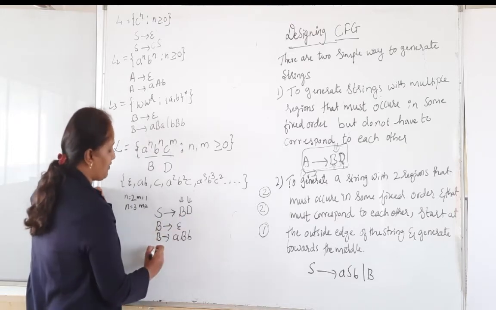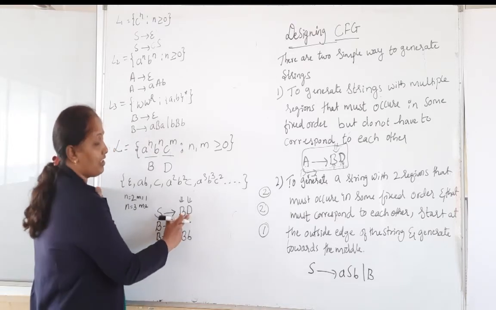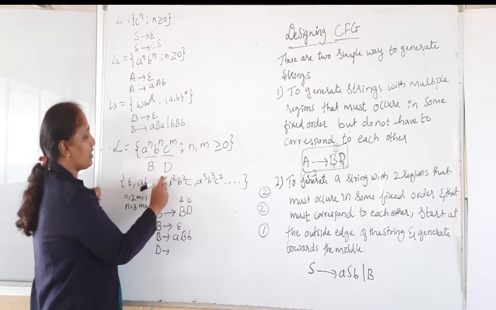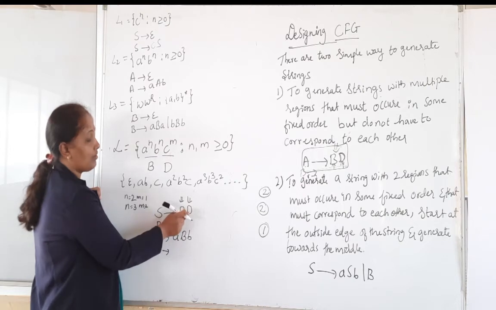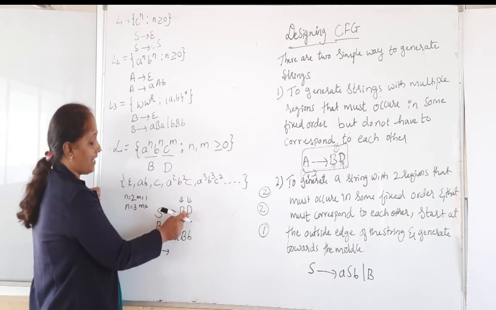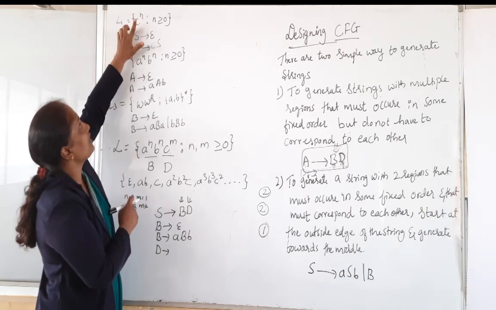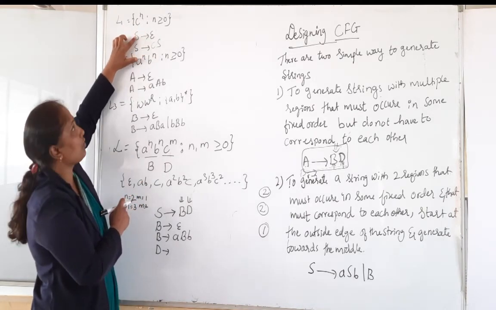Next I must define the rules for the second region. Any number of c's get accepted by the non-terminal which is defined for the second region. So this is the same as language 1, where c raised to n is greater than or equal to 0.